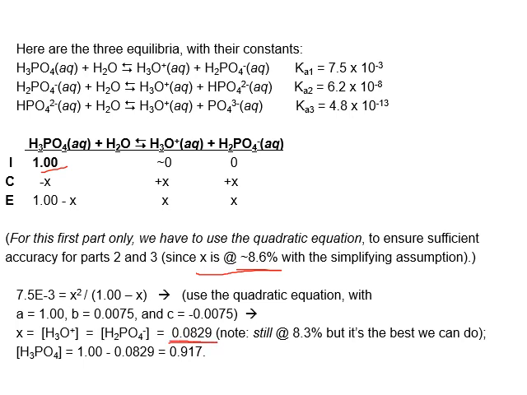So you would subtract this from your original concentration of 1 for your H3PO4, and that would give you its concentration at equilibrium, and then your x here will be your concentration that you would use for the second step. So this is the way you would have to start off the second step. So you would transfer this over to a new ice table, and it's going to be 0.0829.